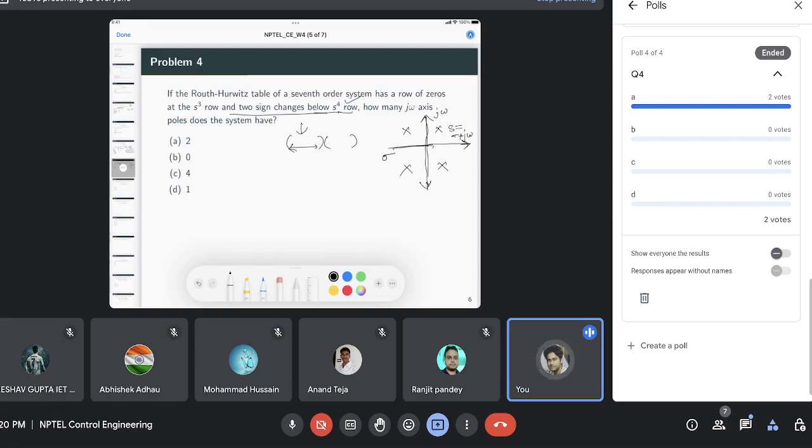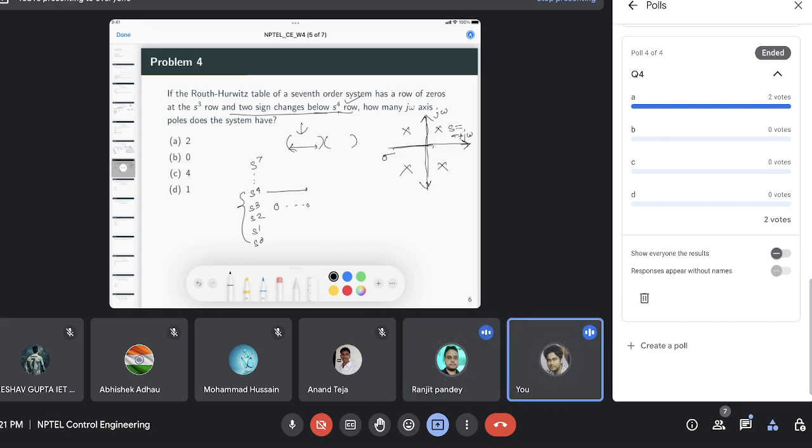this imaginary axis pole can only happen when a row is 0. So what I mean is that we have S7 to S4, and S3, S2, S1, S0. You have some elements there, and you got the 0 row here.